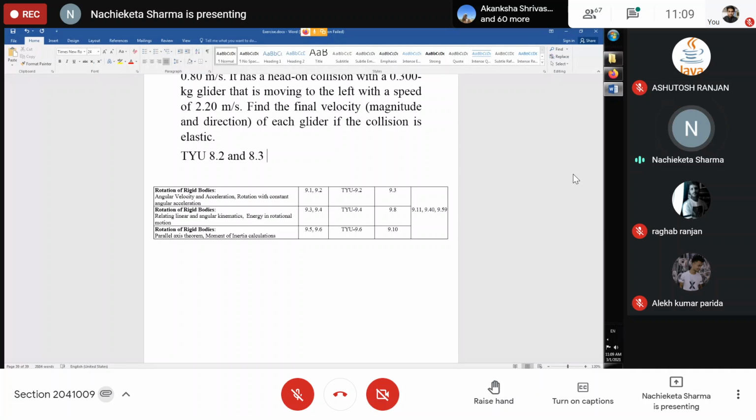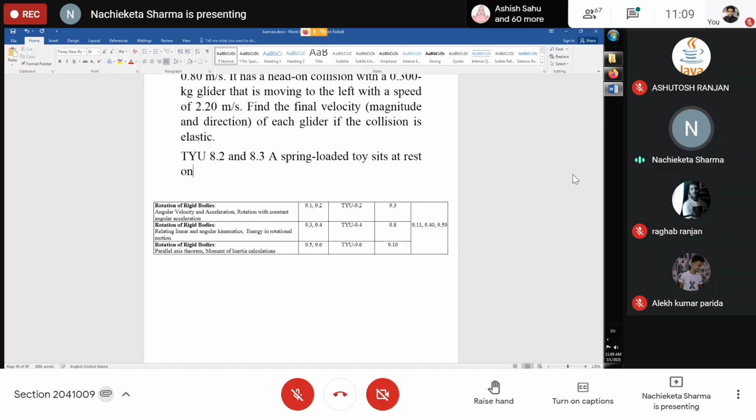A spring-loaded toy sits at rest on a horizontal frictionless surface.